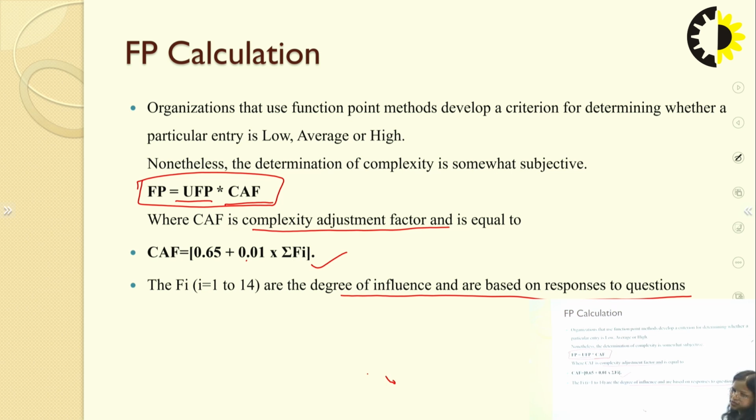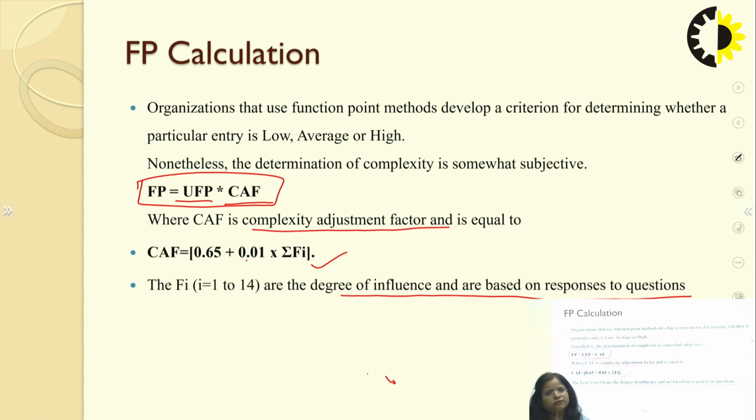Software developers ask basically 14 questions to the customer, and the customer needs to rate the answers from 1 to 5.